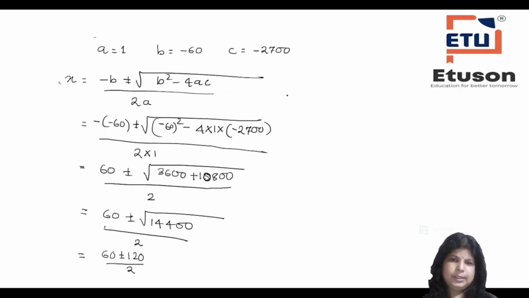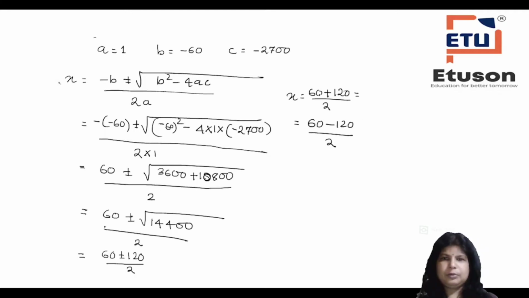So your x will be equal to how much? It will be either 60 plus 120 divided by 2, or 60 minus 120 divided by 2. So considering 60 plus 120, it is 90, and here the answer is negative, that is minus 30. So this will be rejected because length cannot be negative.